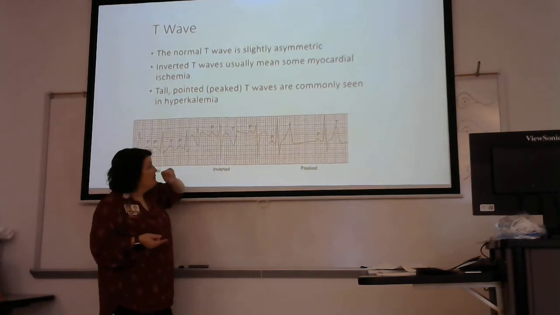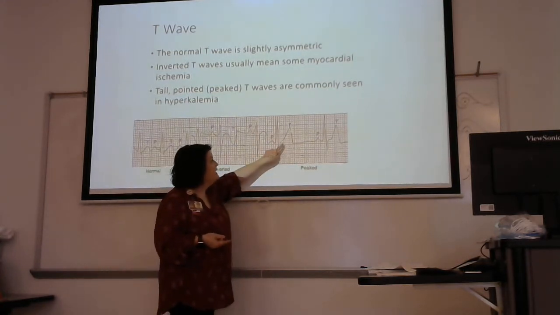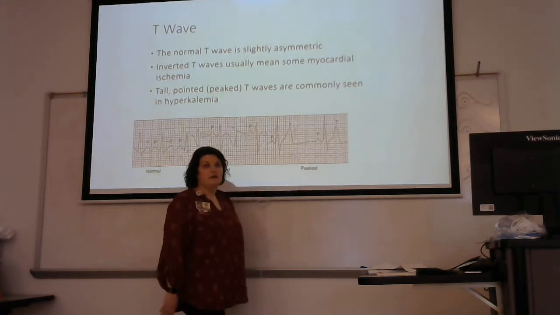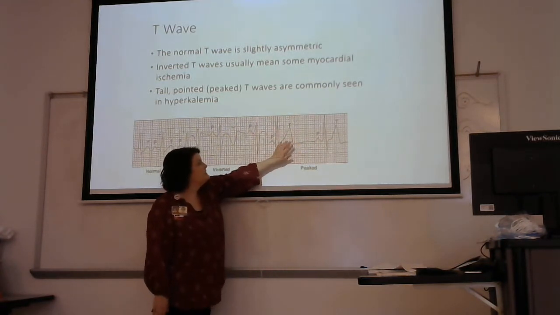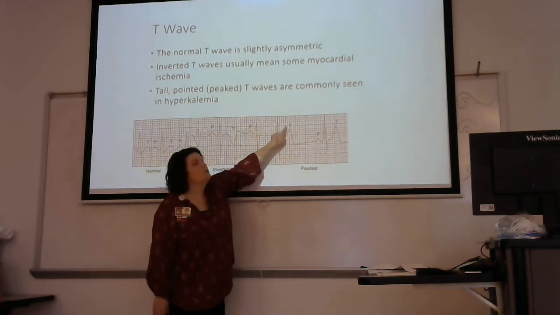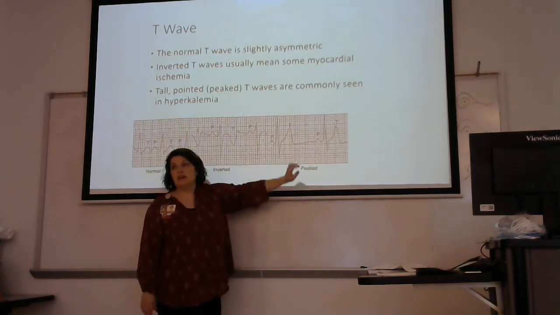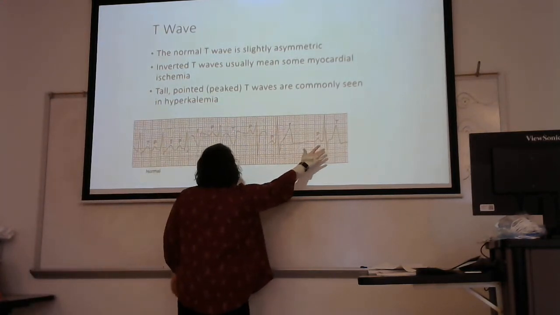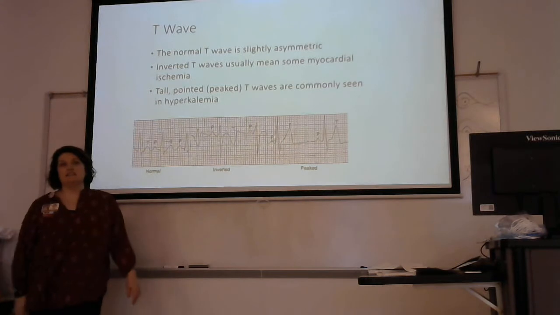The other problem that we can have is something we call peaked T waves. When you look right here, P, QRS, T, P, QRS, T, you see how these T waves are so large? That's not correct. Typically, if you see peaked T waves, what you better be looking at is what's my potassium level.